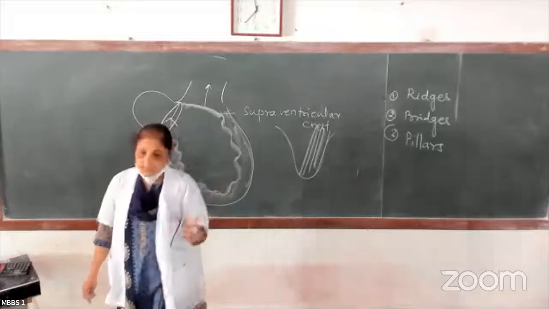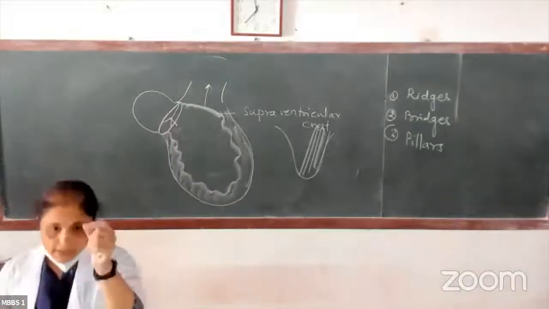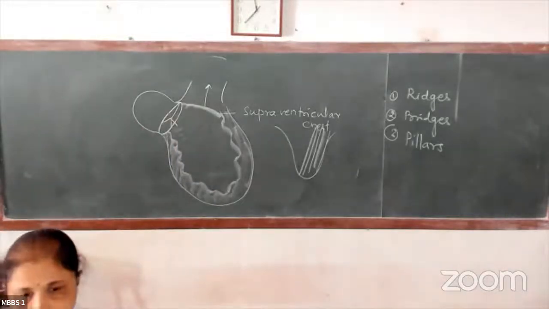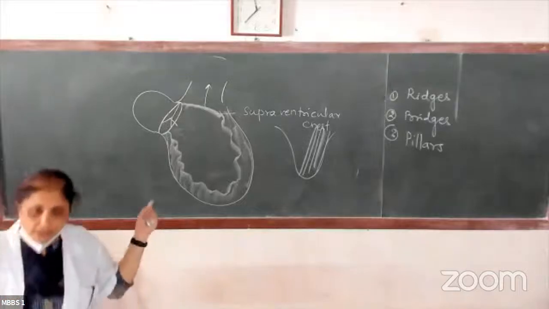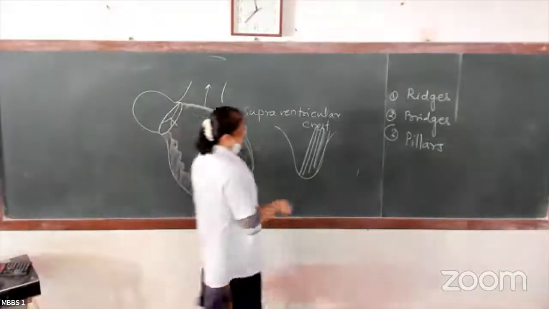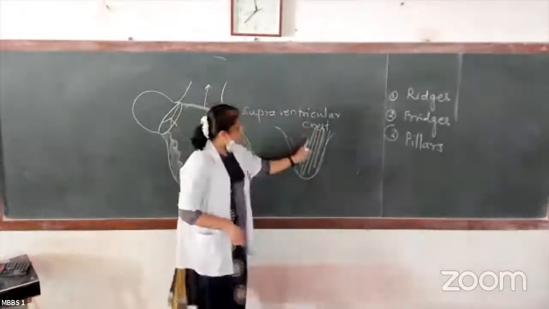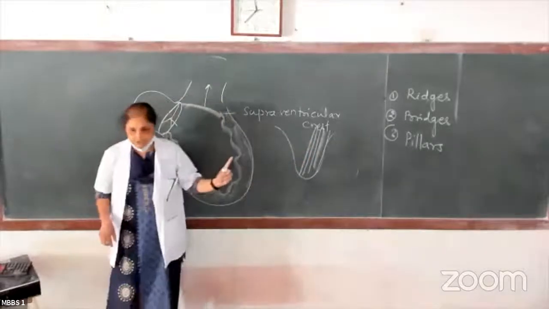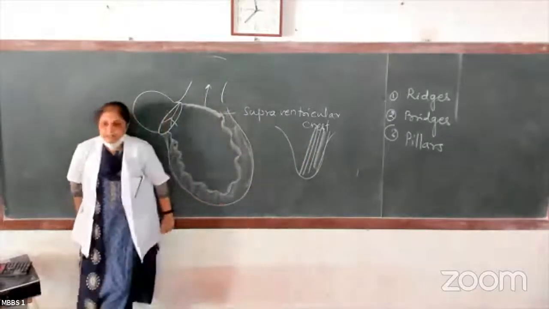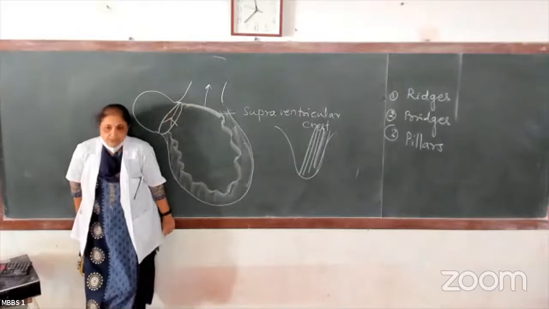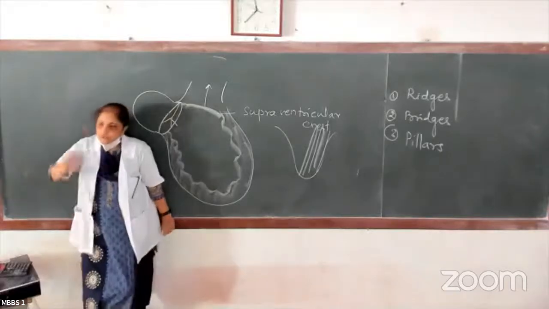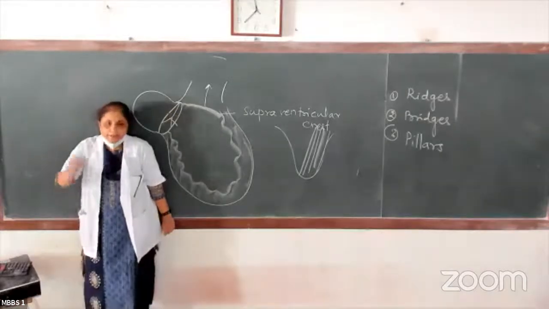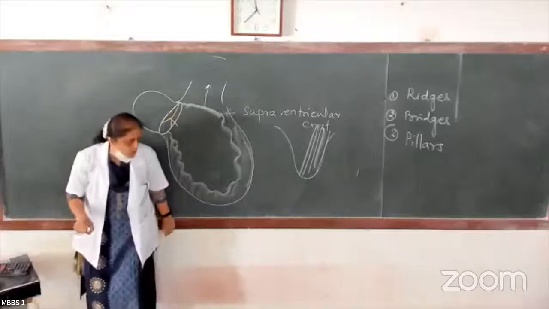Same ridges we can see in the stomach, the gastric canal, as elevations of the mucosa. Here it is not an elevation of the mucosa or epithelium, but muscular elevations. These are called the ridges.